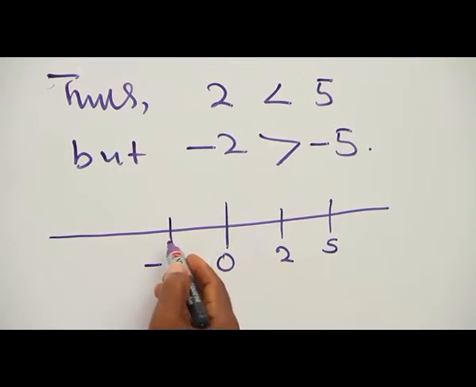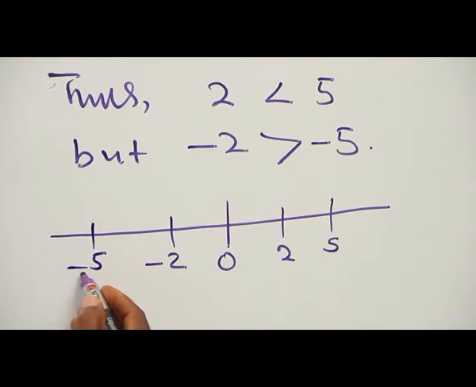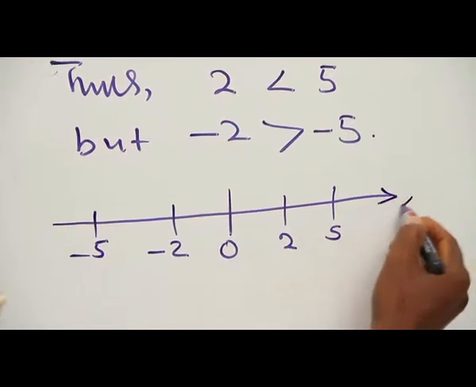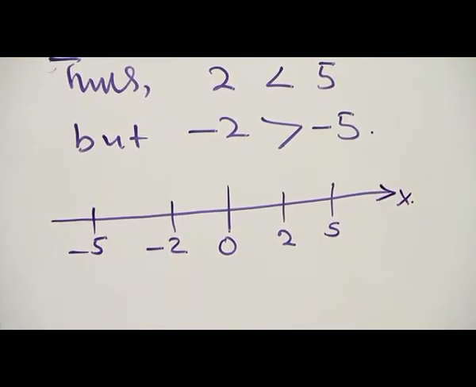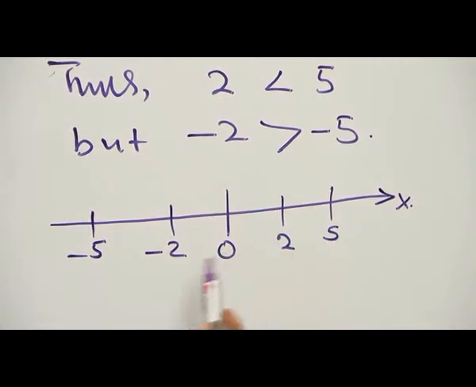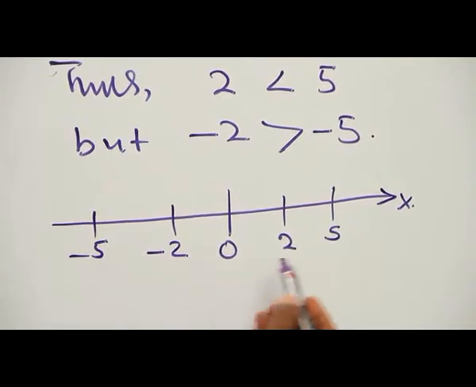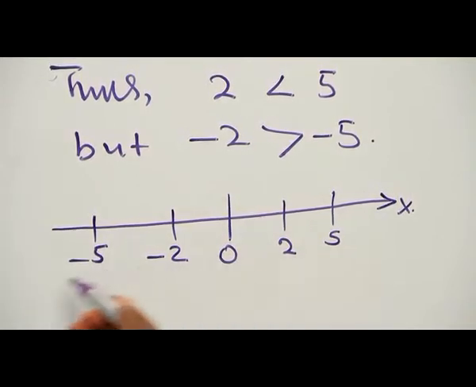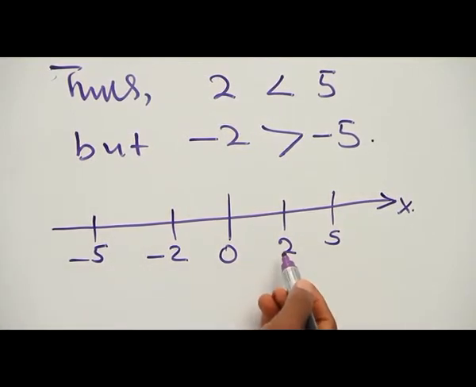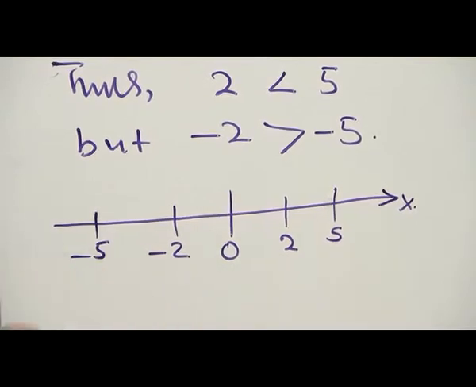But minus 2, assuming here is minus 5, is greater than minus 5 from your number line graph. So you can now see that 2 is less than 5, that's correct. But minus 2 is greater than minus 5 because the numbers are descending towards the left. 5 is greater than 2, 2 is greater than 0, 0 is greater than minus 2, is greater than minus 5, and so on and so forth.